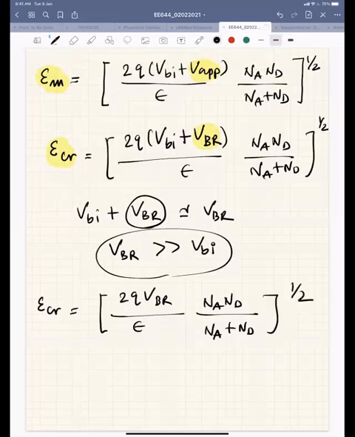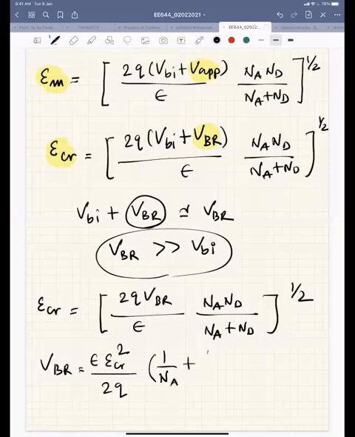So from here you could write E critical square epsilon divided by 2q, and I could write 1 by Na plus 1 by Nd, right? So this is the equation of your breakdown voltage.